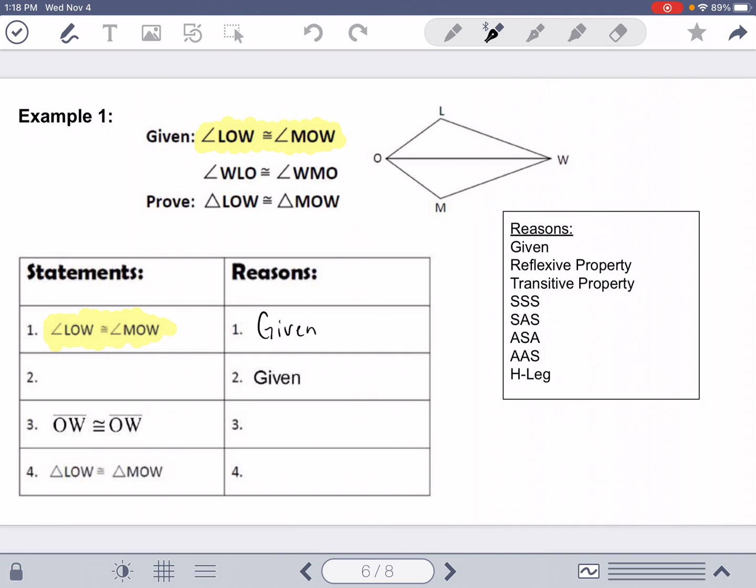The reason was given. Is there something else that was given to us? Yes, something else was given to us. Angle WLO is congruent to angle WMO. So that would be the next statement that we would make.